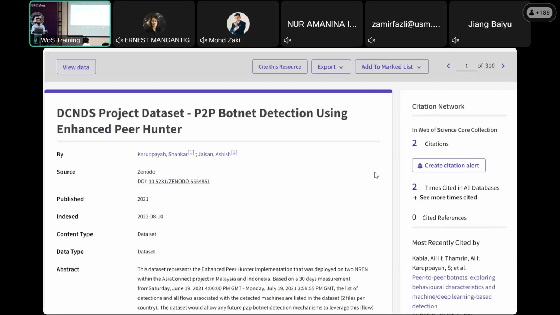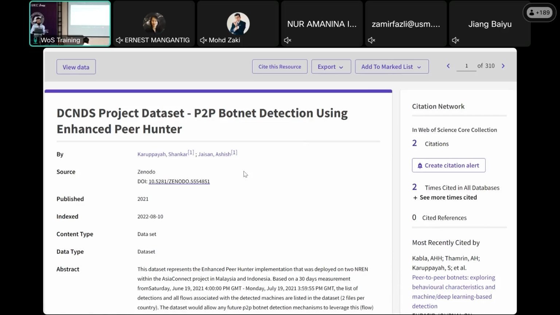This is what a typical record on the Data Citation Index looks like. We have the name of the project, the authors, and the source where it exists. It also has a DOI, because a data set, just like a preprint or a journal article, might have its own object identifier.